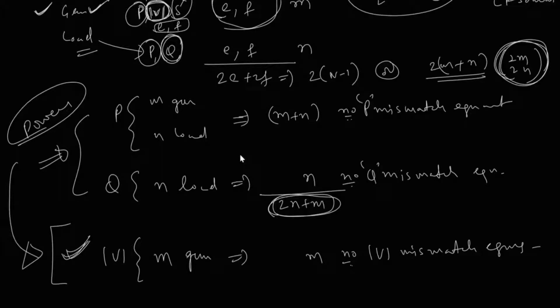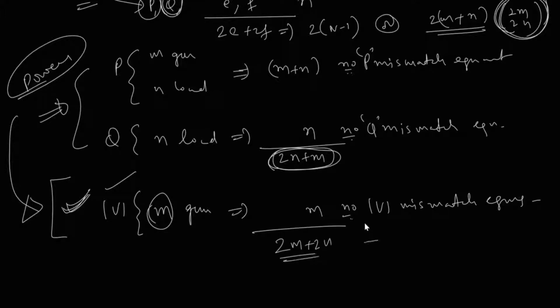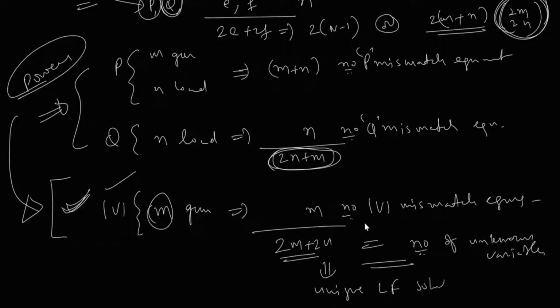So we are writing the voltage mismatch equations only at these m generator buses. Now when we take this into consideration, the number of equations we can write is 2m plus 2n, which equals the number of unknown system variables. Under this condition, we can have a unique load flow solution.